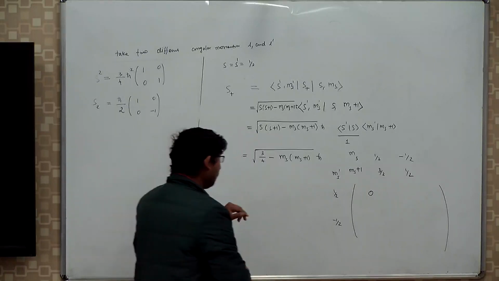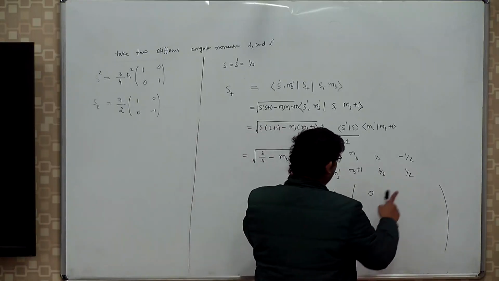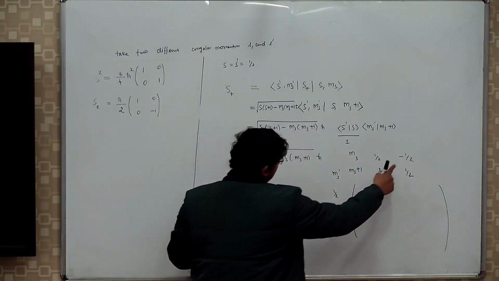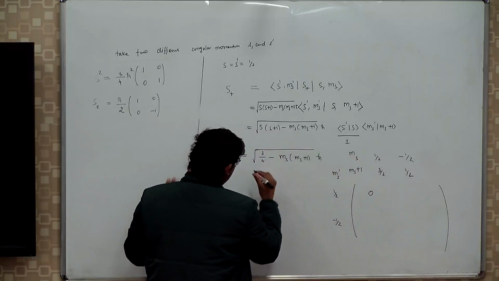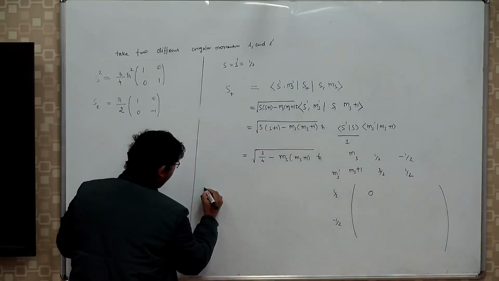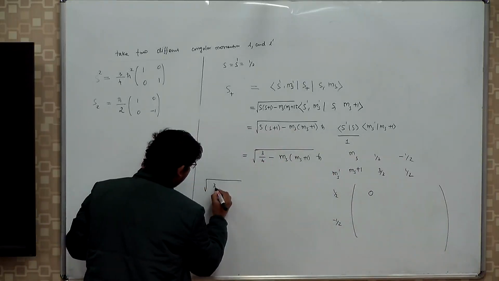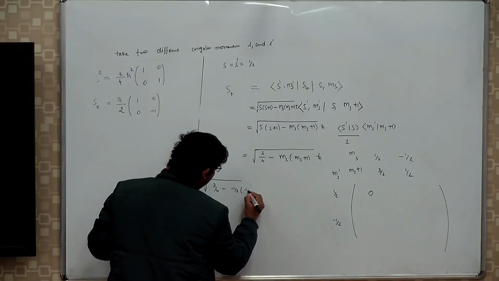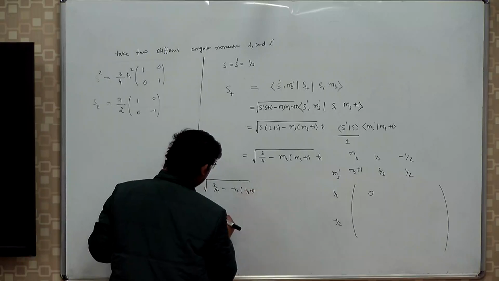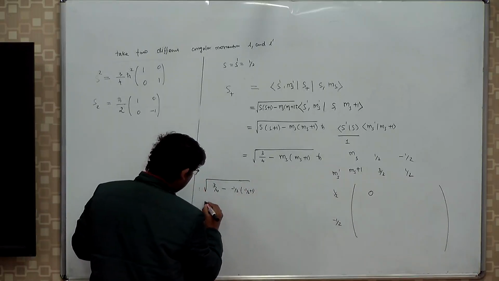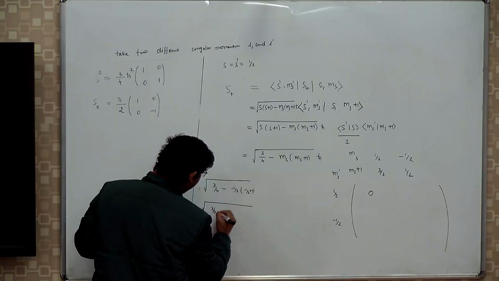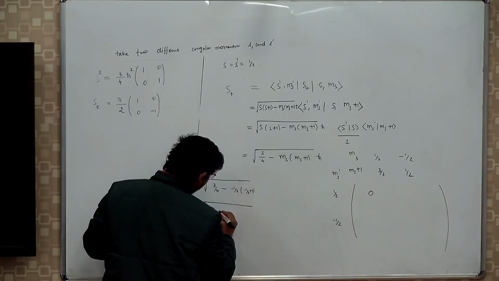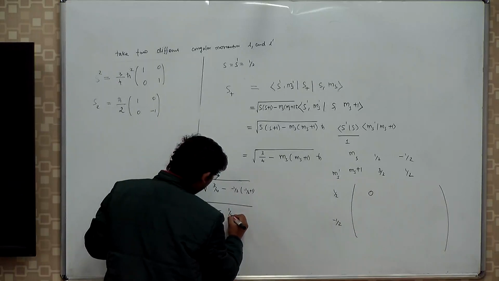Now coming to the inner product of 1 by 2 and 1 by 2 with the coefficient we had to calculate. Here it is minus 1 by 2. So square root of 3 by 4 minus, this is minus 1 by 2 and minus 1 by 2 plus 1, then 3 by 4, here 1 by 2, then we will get 1 by 4.